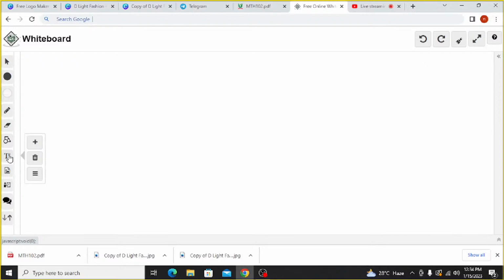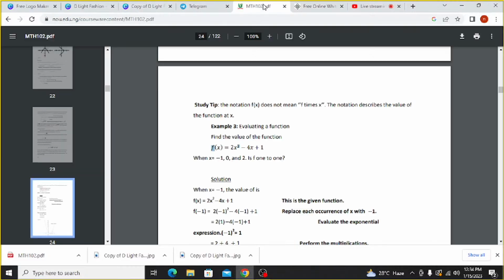Now, another example. So another example here is f(x).